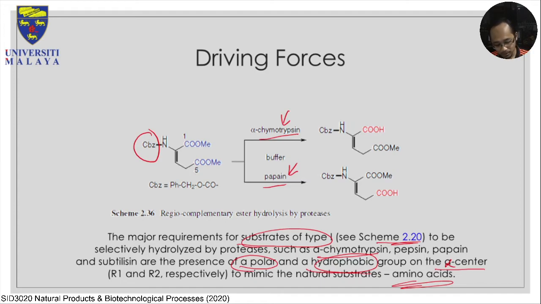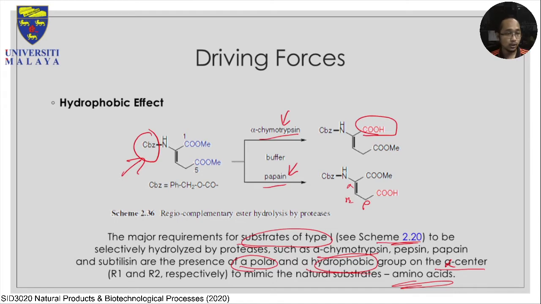For example, alpha-chymotrypsin hydrolyzes the ester at the alpha position, while papain hydrolyzes at the gamma position. So that is an example of the hydrophobic effect, just because of having the CBZ group. Without the CBZ group, it will not work.